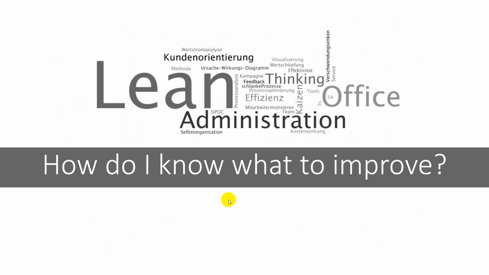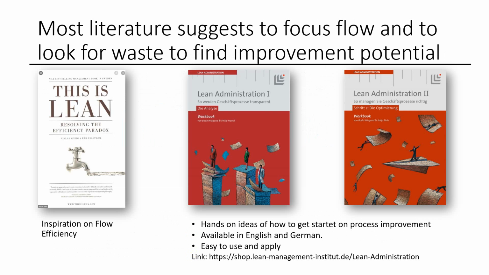How do I know what to improve and what to look for? Well, if we look into the literature, at least the ones that I like to work with or that I recommend, we will have to concentrate on two things. The first is the focus on flow efficiency.